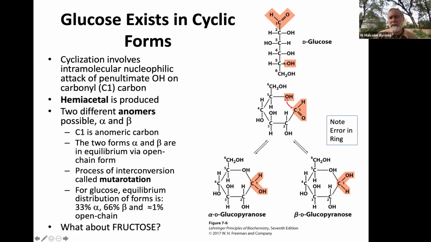Here we have glucose. We're going to lay it down on its side such that the aldehyde group is to the right, and the CH2OH on the 6 carbon is to the left, and then we're going to curl that around, such that the OH on the penultimate carbon is positioned to attack the carbon of the carbonyl of the aldehyde.